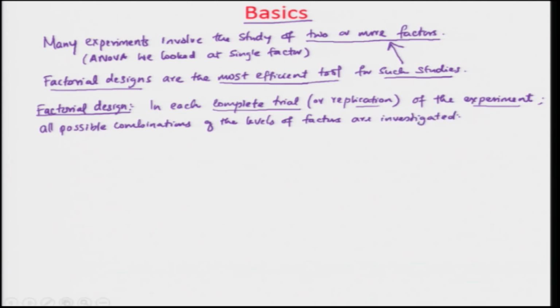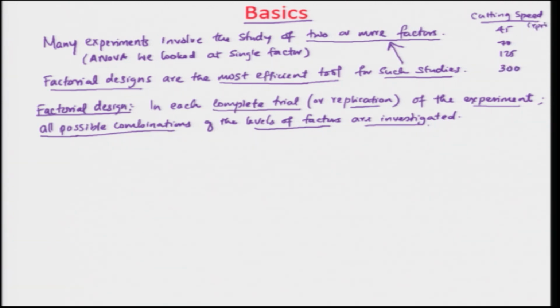Okay. So whenever we do one complete trial or replication of the experiment, we study all possible combinations of levels of factors. So, for example, let us say you take the cutting speed of a machine as 45, 70, 125, 300 or something like this in RPM.